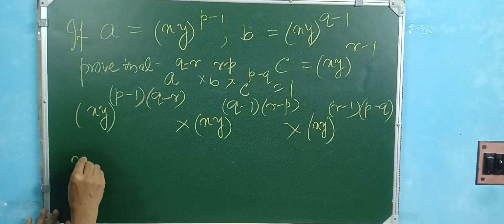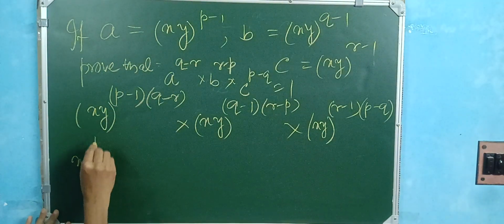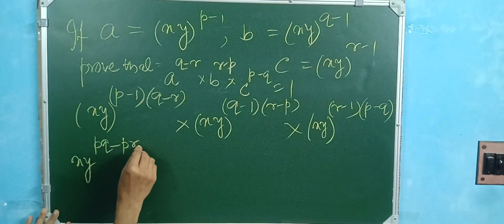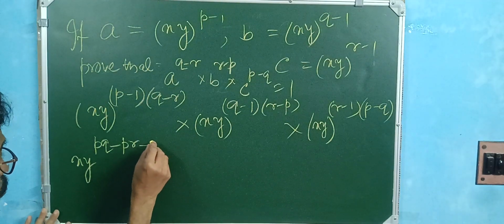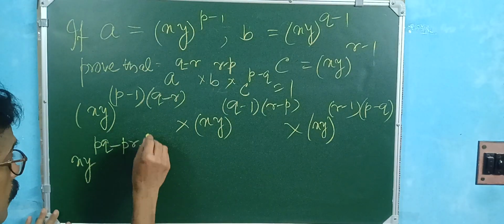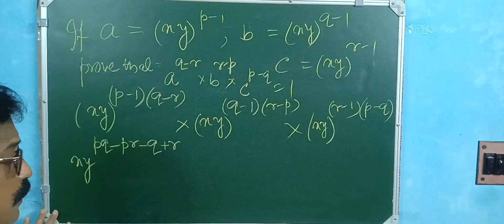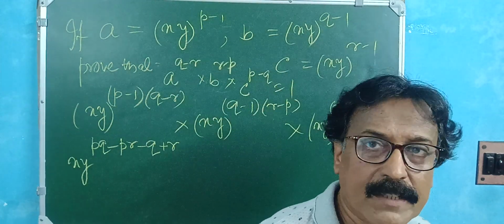This is xy, just you multiply. P into q minus p into r, that is minus. Very important in case of multiply, because minus q minus plus r. You have to increase this very gradually.